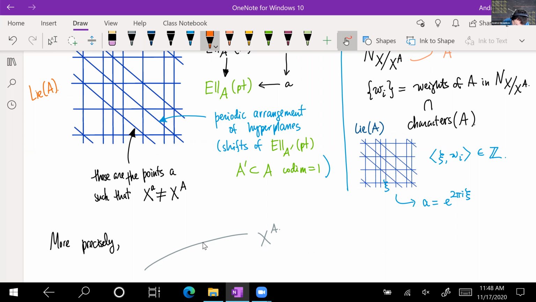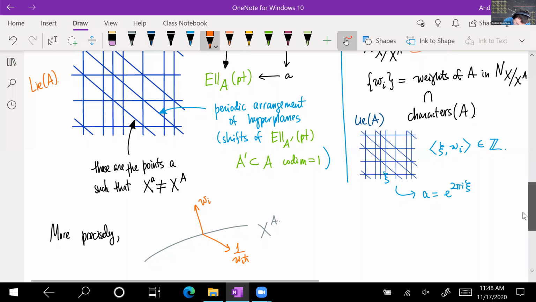For every weight w, there's a dual weight, which is 1 over w times h bar, where h bar is the weight of the symplectic form. And so these hyperplanes, if I look at them closely, in fact come in doubles.